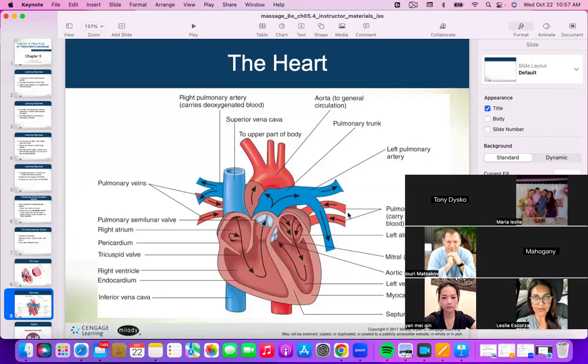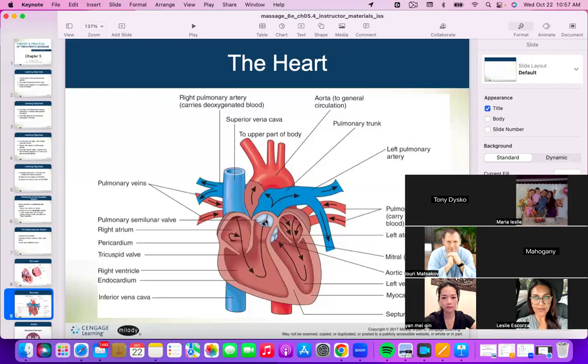So the two largest vessels in the body are going to be the aorta and the vena cava. The aorta takes the rich blood to the body, whereas the vena cava collects the poor blood from the body. Again, the aorta pushes the rich blood to the body, and the vena cava collects.